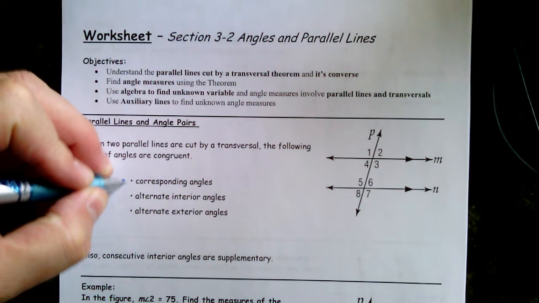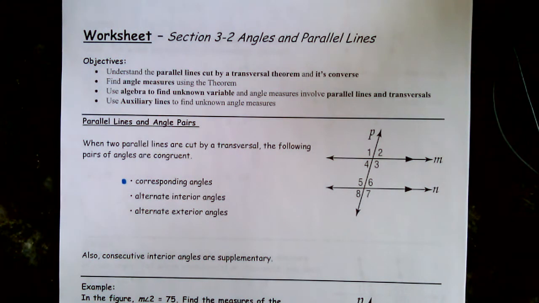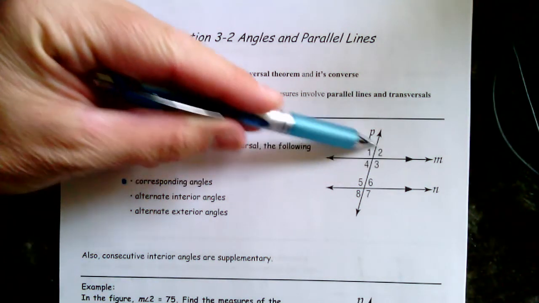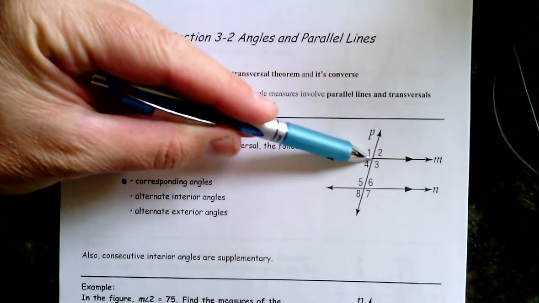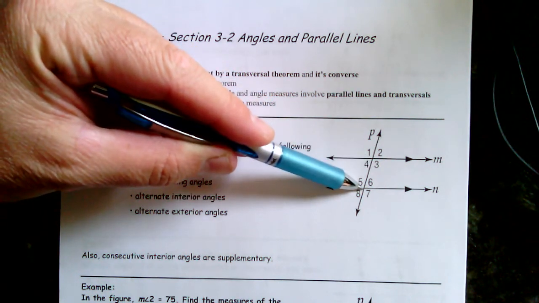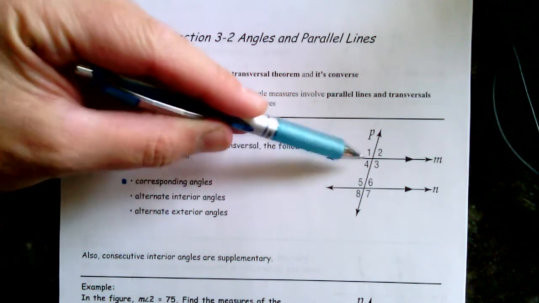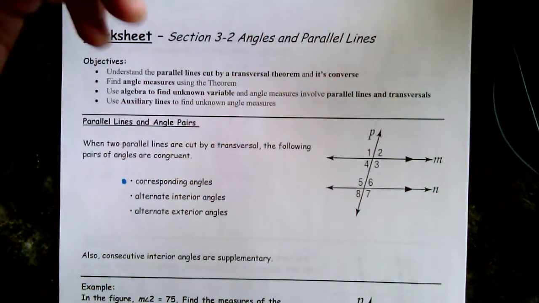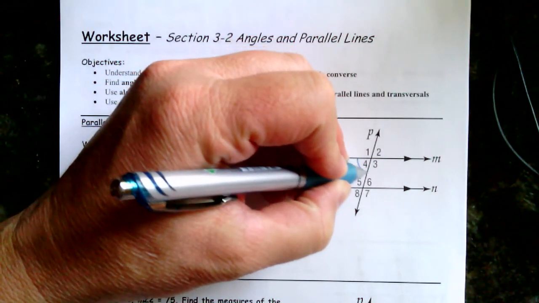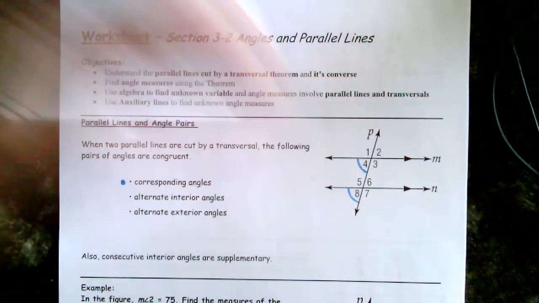So the first one, I'm going to indicate here, are the corresponding angles. Corresponding angles mean that if I were to take this group of 4 angles, pick up this vertex, and lay it down on top of these 4 angles, the ones that match up are the corresponding angles. So an example would be angle 4 and angle 8.